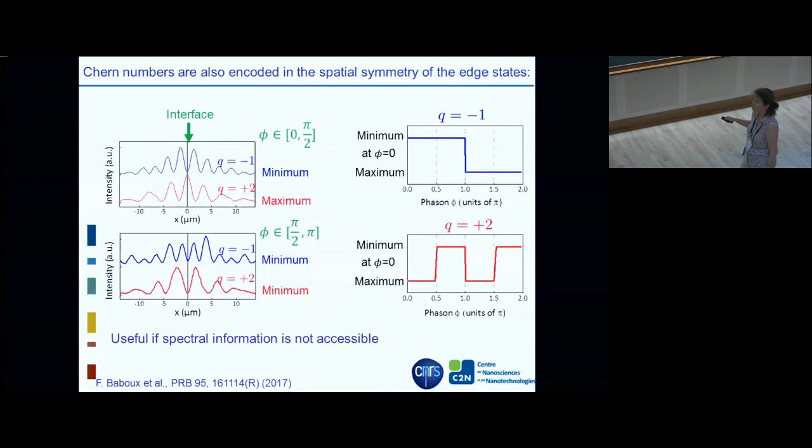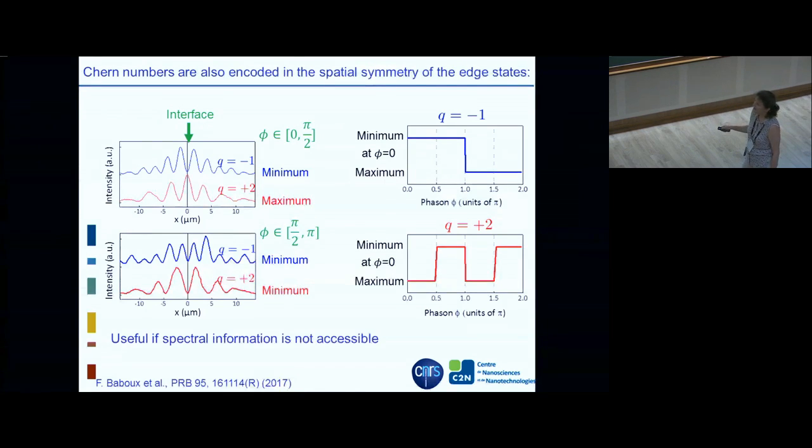So after one traverse, when it comes back, it has switched symmetry. So here you see the symmetry. Here I take positive for a minimum, this value corresponds to a minimum, this one a maximum. And you see that the Q equal -1 switches once, whereas the other one switches parity twice.